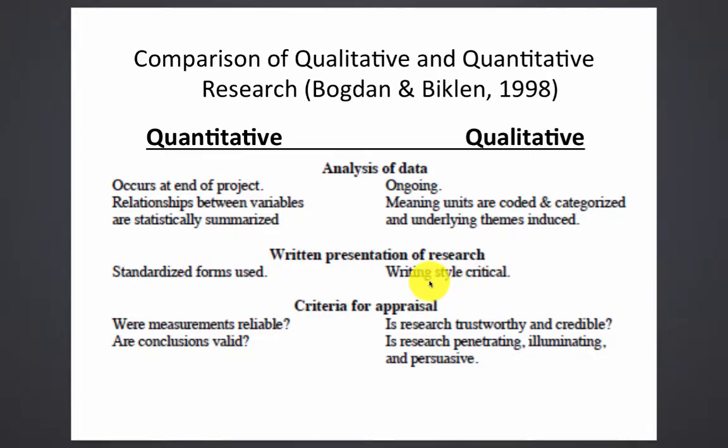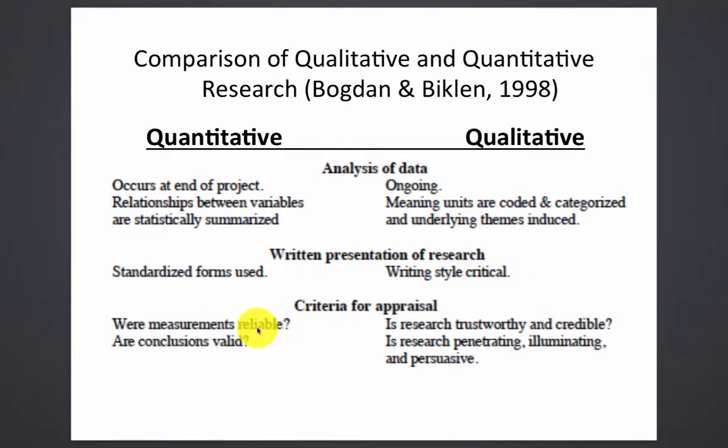It's not that there's a specific organization to a qualitative study that is the one right way of doing it. Very much the writing style becomes critical, and the way results are presented, and the way biases are described, and the way methods are presented can differ from one study to the next.